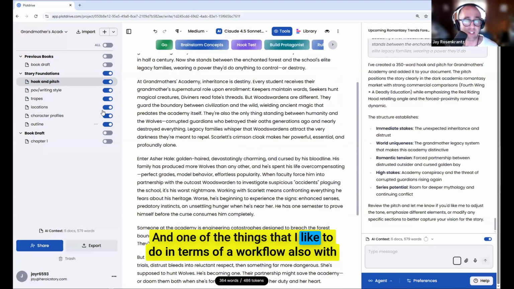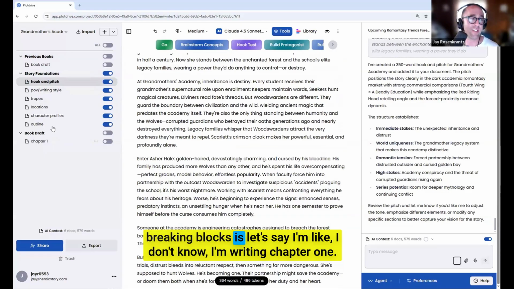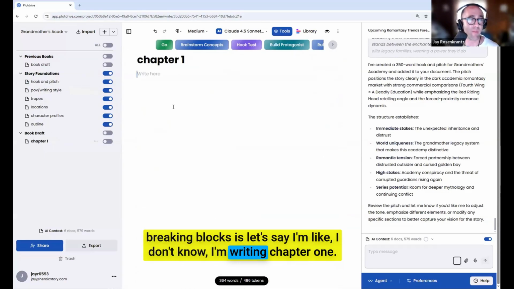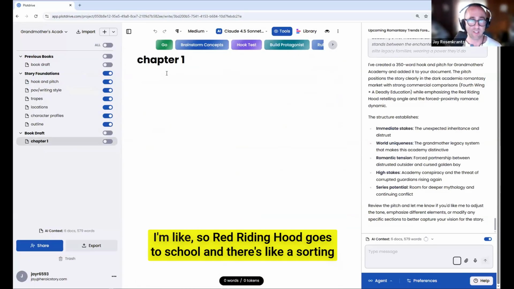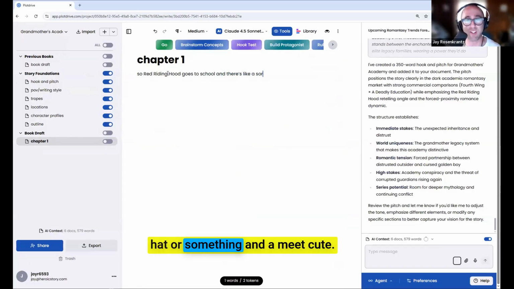And one of the things that I like to do in terms of a workflow, also with breaking blocks, is, let's say I'm writing chapter one. I'm like, so Red Riding Hood goes to school and there's a sorting hat or something and a meet cute.